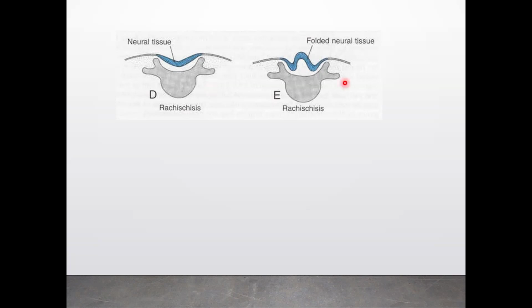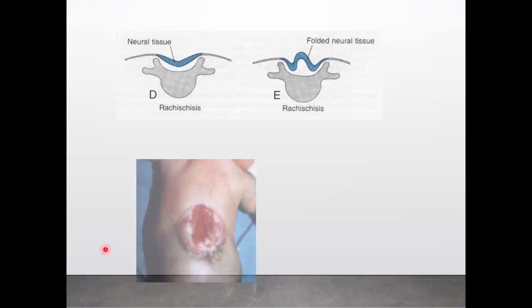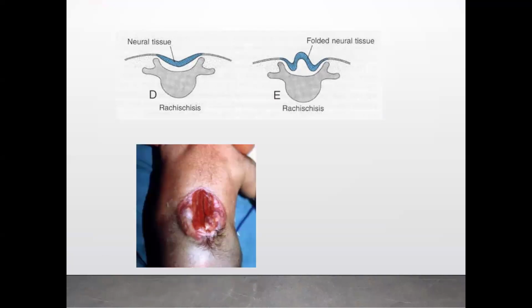Maybe someone can tell me. When you have the brain and the spinal cord open, so you have absence of formation of the vertebral column and absence of formation of the neural tube, what is normally given to that syndrome? Yes, craniorachis is correct.